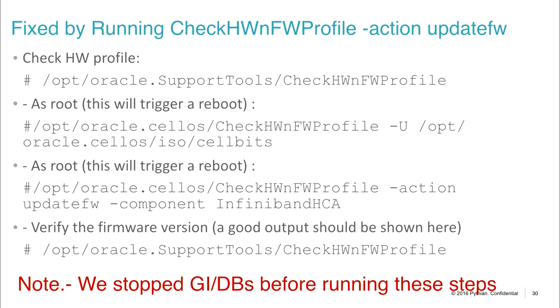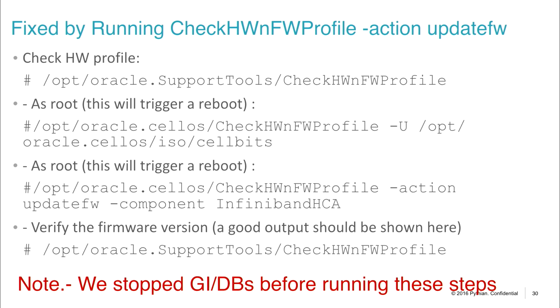So what we did to fix it was, in our case, we stopped the grid infrastructure and databases before. We ran the check hardware FW profile with a -u command and this parameter, and this will reboot the server.